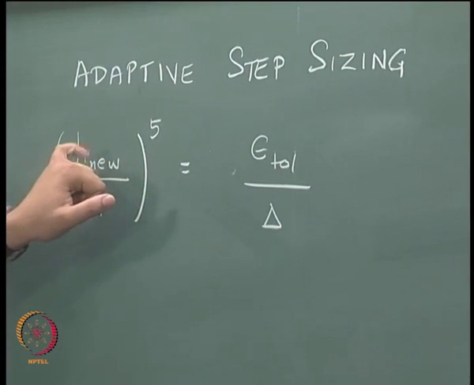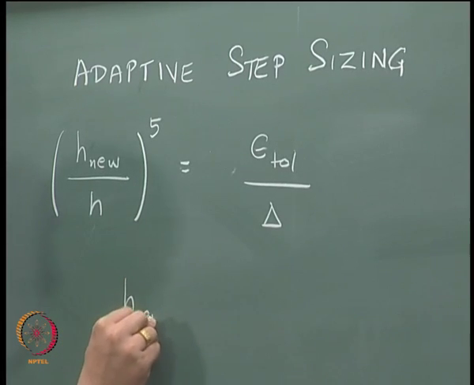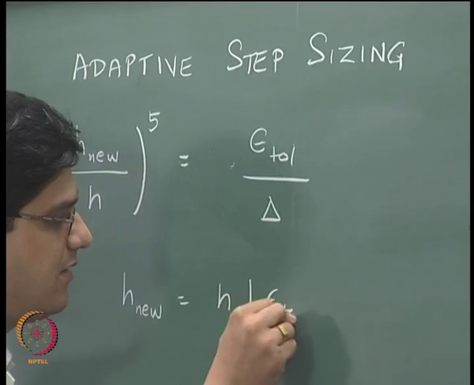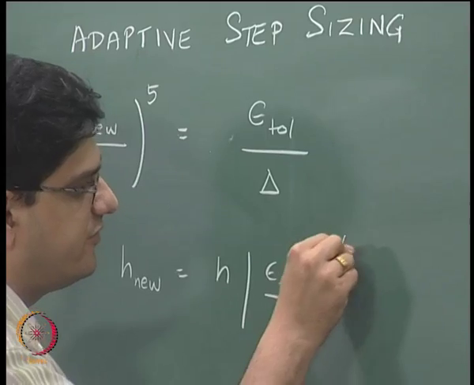And in order to choose our desired h new, we are going to use h new equal to h multiplied by epsilon tol by delta to the power 1 by 5, okay.